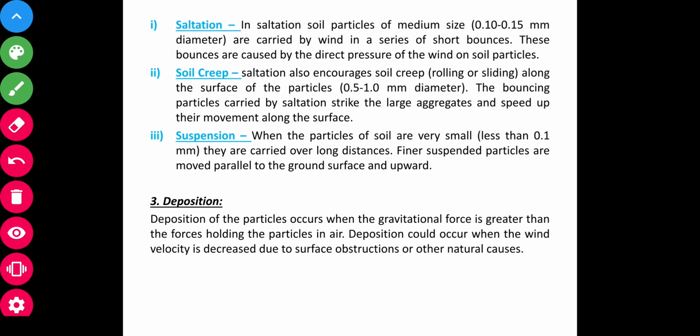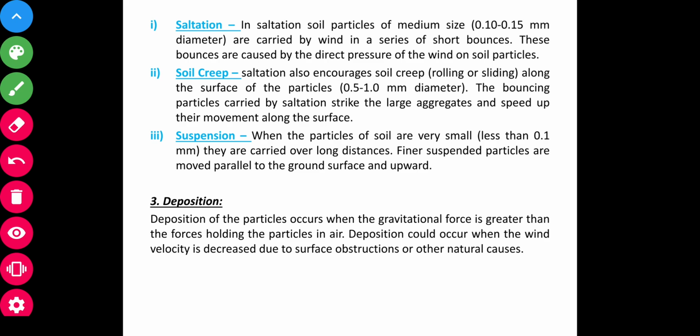In the saltation, the soil particle is moved from one place to another place by wind in a series of short bounces. Means the movement of soil particle is carried out in a series of short bounces over the ground surface.